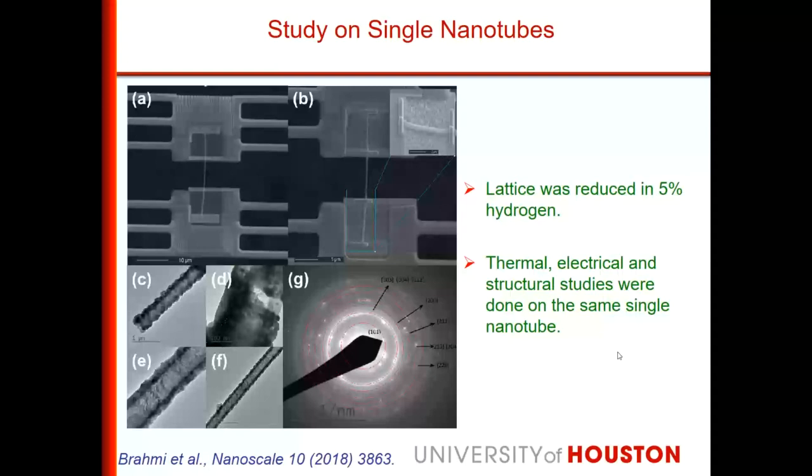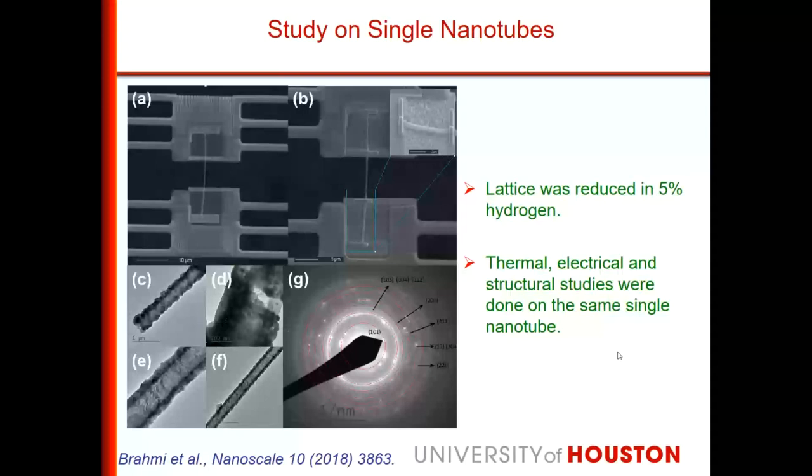So we deposited the titanium film, thick film, on the glass. And then we did the anodic oxidation process. And then we heat treated. So this is the metal film, and here are the nanotubes grown on top of the glass. So these are the images of the nanotube.